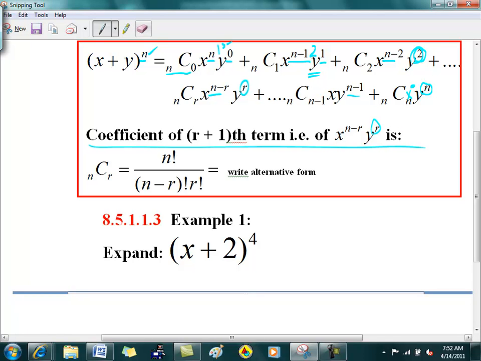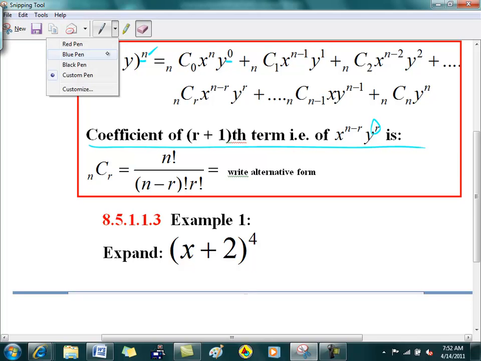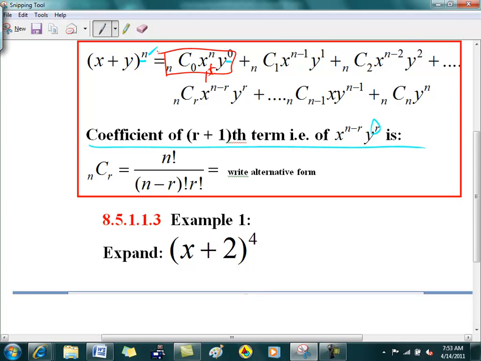Let's go over it one more time. Hang on, let me just explain this one more time, then you can see. This is the first term, is it not? When I say this, I mean this guy here. This is the second term. You with me? This is the third term.